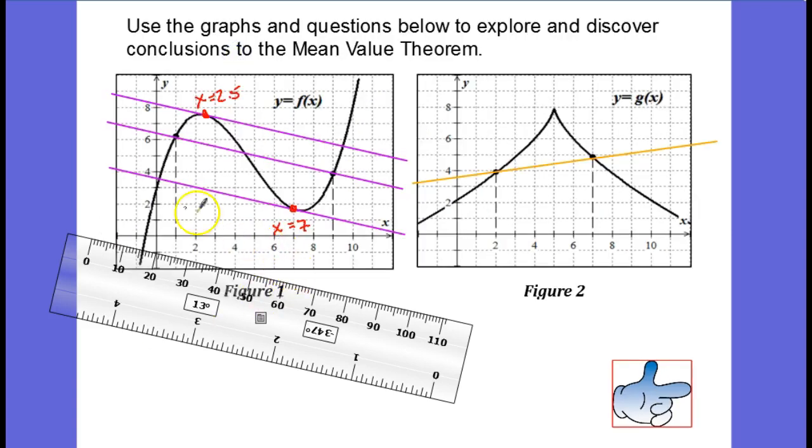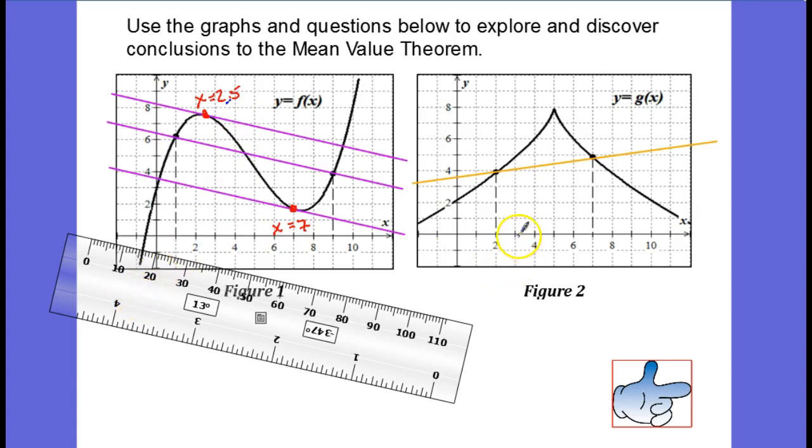Alright, so in our first figure we've sketched secant lines, and we have located the values of c for which the tangent lines occur.